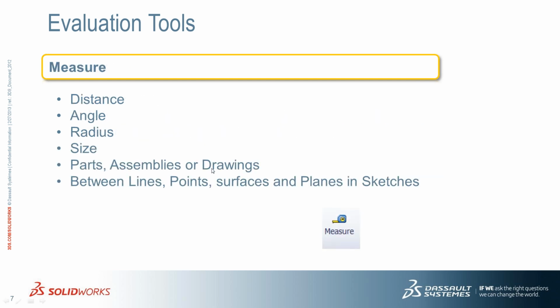Continuing on, most of you are aware of this tool, obviously, in its usage. I just want to point out a few things with the measure tool. The great thing about measure is it's available in all the environments and pretty much between anything and everything that we're able to measure. And now with 2013, we can go even further with that.